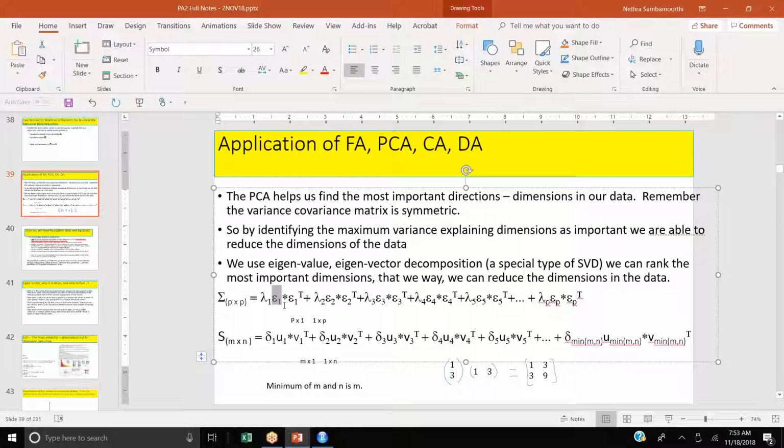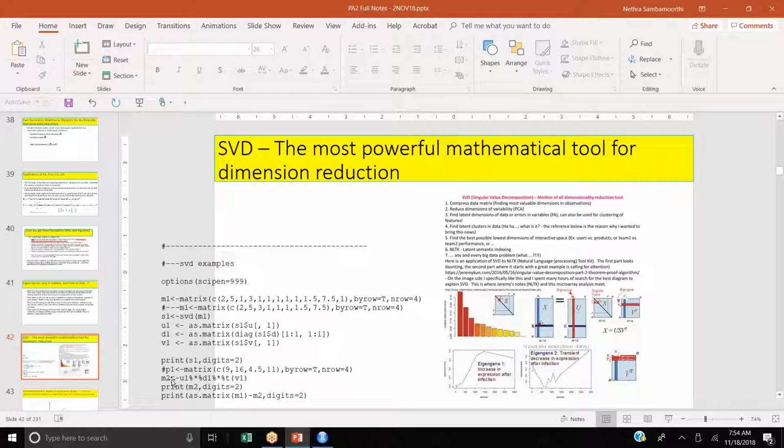Out of this, epsilon 1 is the first eigenvector. But because it's symmetric, you don't have a problem on the second, the right side. But here it's not symmetric. So we have to find both the decomposition on the left side and on the right side. Okay, sir. Good. Okay, so let's go back to that.